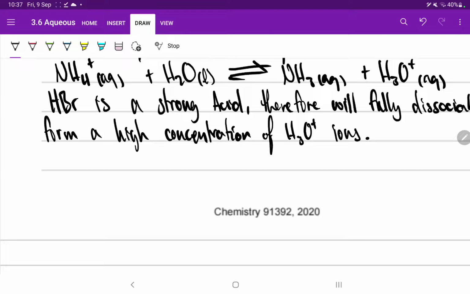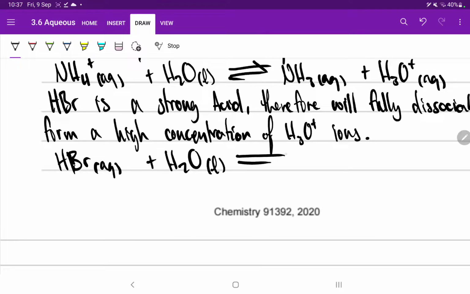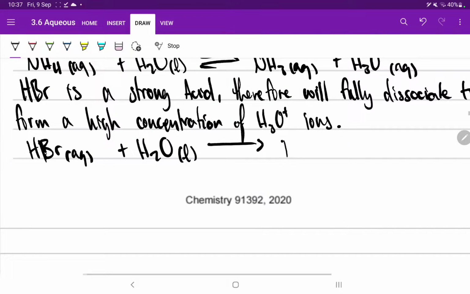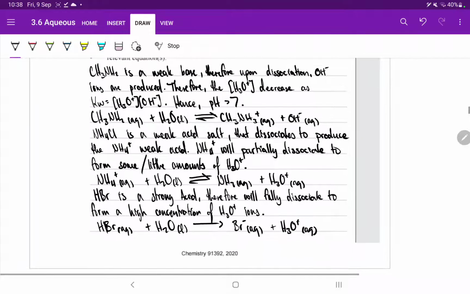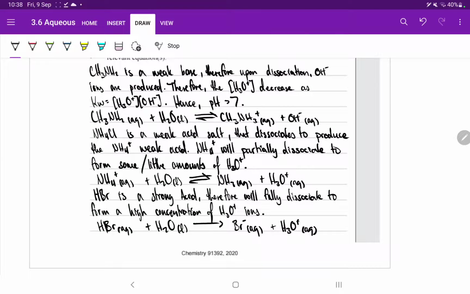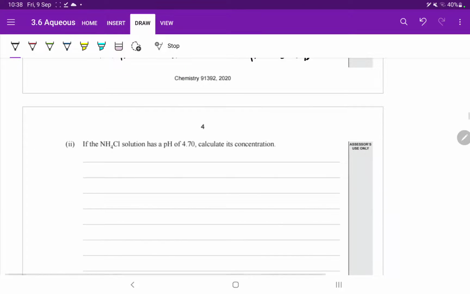Right, so let's show that in the equation. So hydrogen bromide aqueous plus water. It's a strong acid, so we only do a one direction arrow. We get bromide and hydronium ions. Yep, that's good. Yeah, on to the next one.